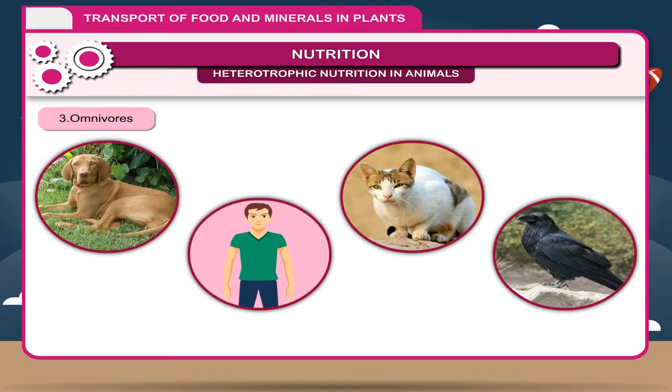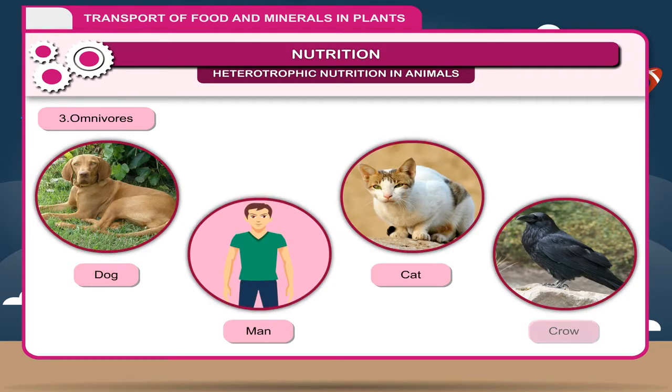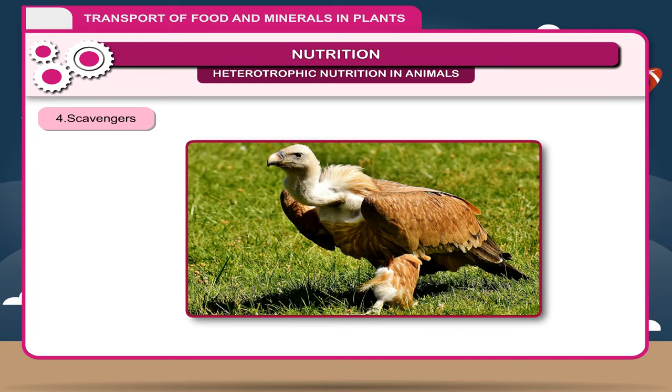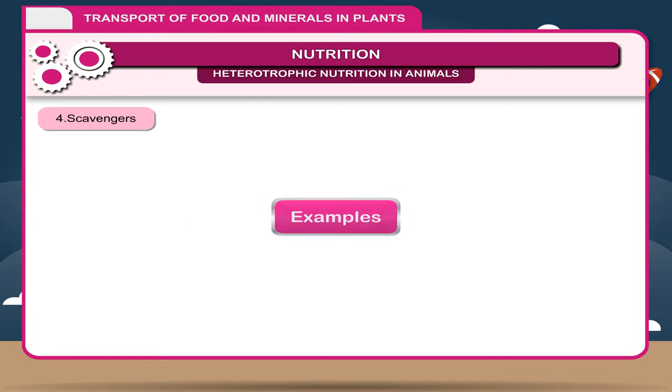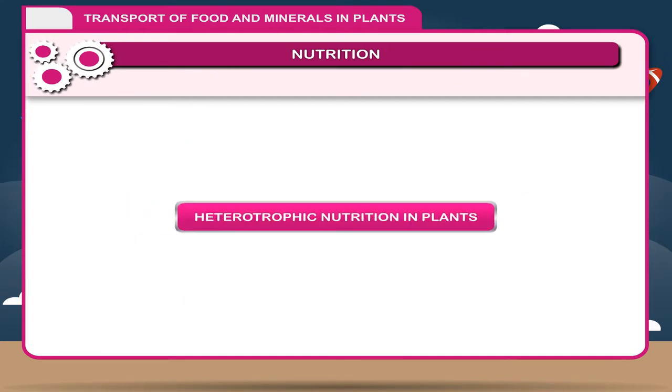Omnivores. The animals which eat both flesh and plants. Examples: dog, man, cat, crow, etc. 4. Scavengers. There are few animals that consume dead animals, called scavengers. Example: vultures.